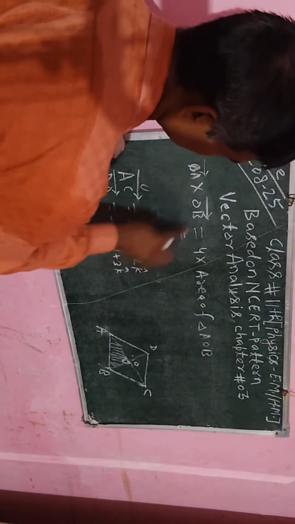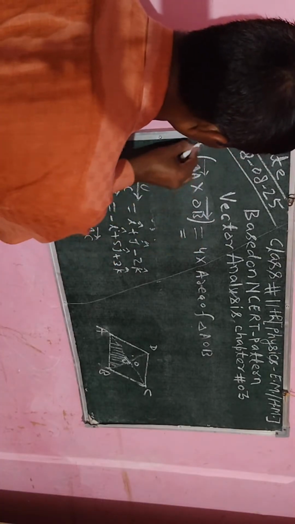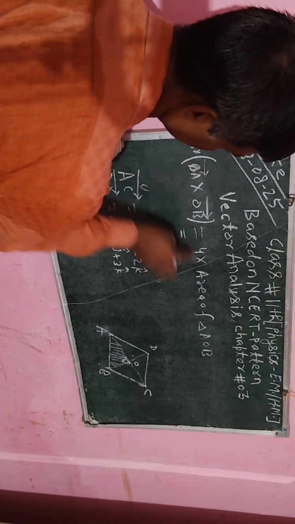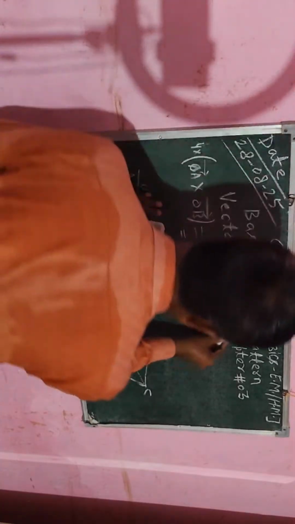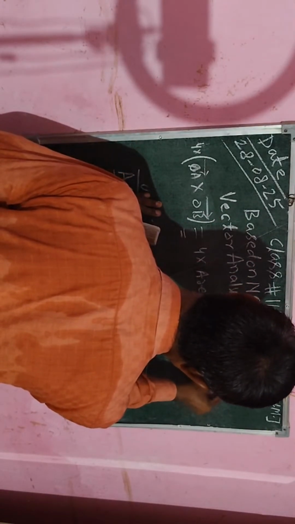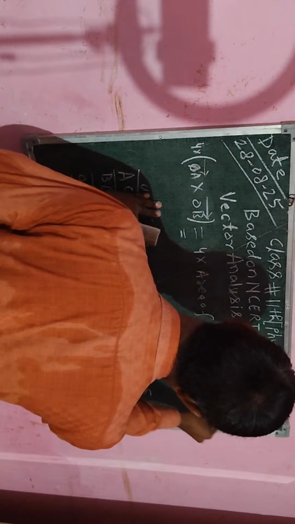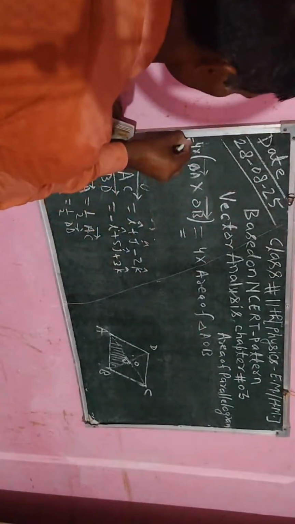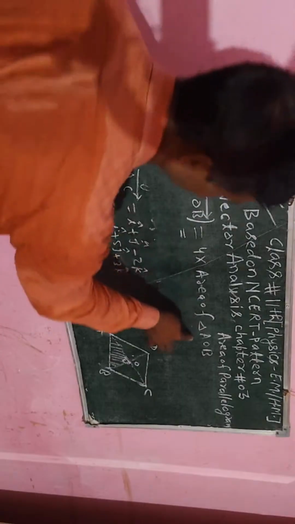I will take the area 4 times OA cross OB, and this is the area of the parallelogram. Area of the parallelogram is equal to 4 times OA cross OB, or 4 times the area of the triangle AOB.